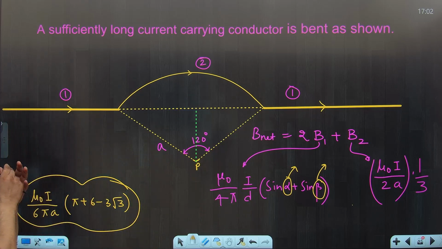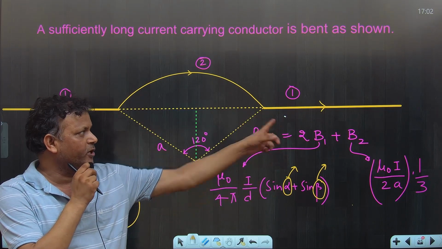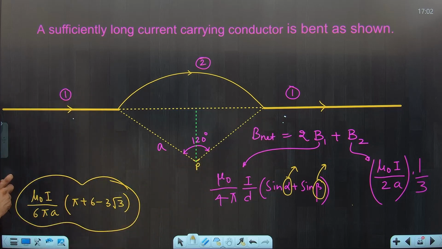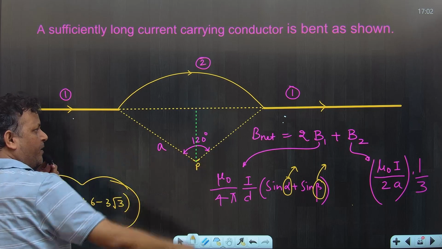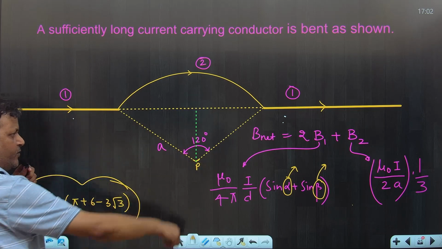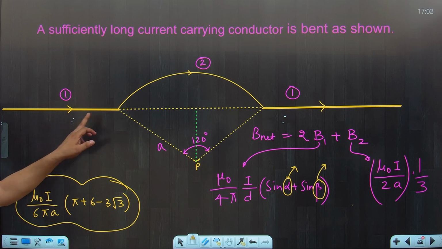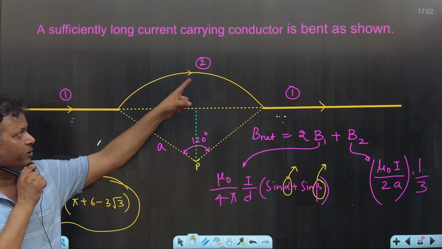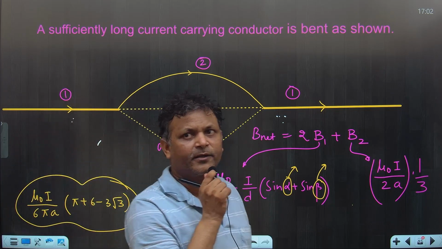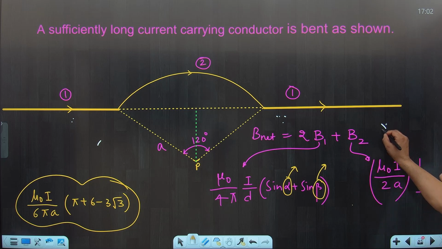So magnetic field due to this part and this part will be equal in magnitude and direction will also be into the paper. What about this part? Curl your fingers along the sense of current, turn towards P and thumb goes inside. So due to these two parts, field will be 2B1 and due to this part it will be B2, right? So answer is 2B1 plus B2 into the paper.